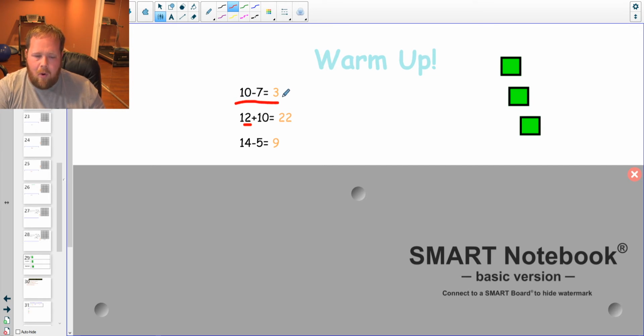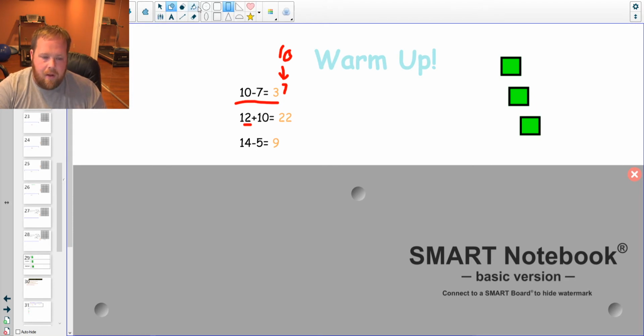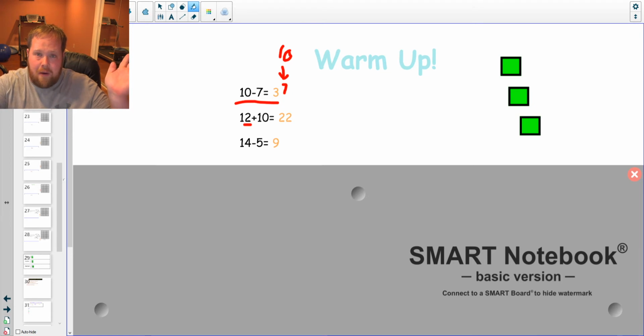Would it make more sense to start at 10 and count all the way down? 1, 2, 3, 4, 5. Boring. Sometimes it's a lot easier to just count up. So 7, 8, 9, 10. Boom. You're done.